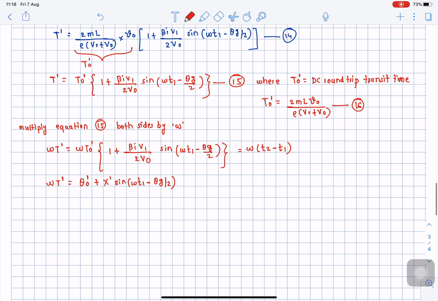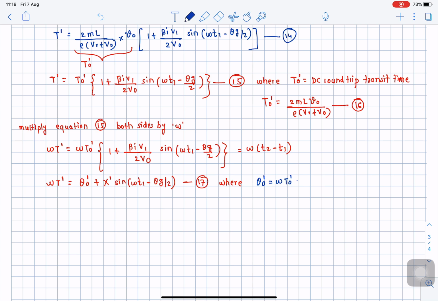Let us call this equation number 17, where the first term theta 0 dash is nothing but omega t0 dash.